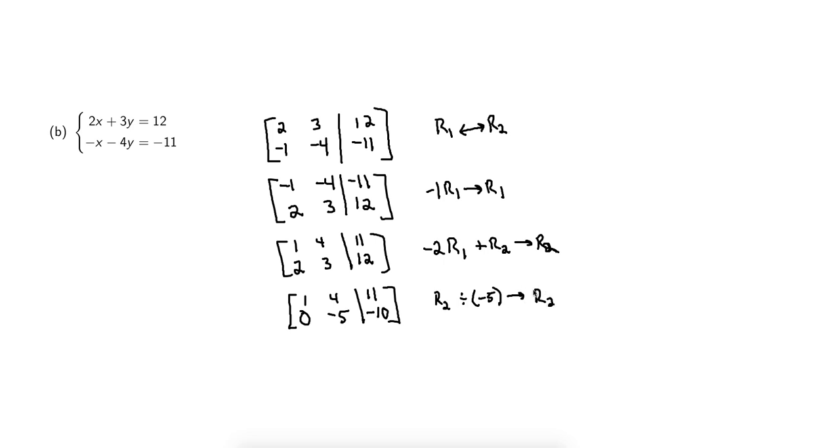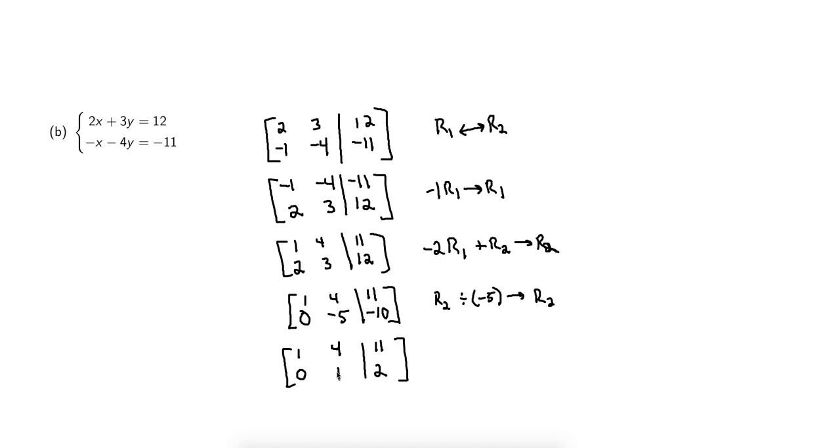So again, row number 2 is the one that's going to change. So our first row is going to stay the same. And 0 divided by -5 is 0. So again, that column is set. -5 divided by -5 is 1, and -10 divided by -5 is 2.